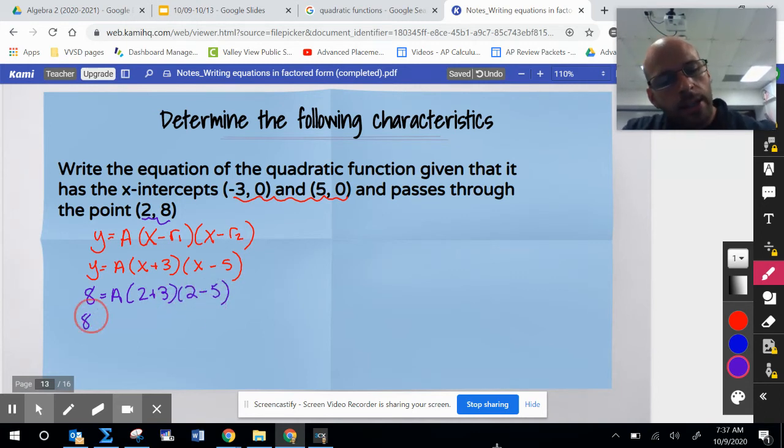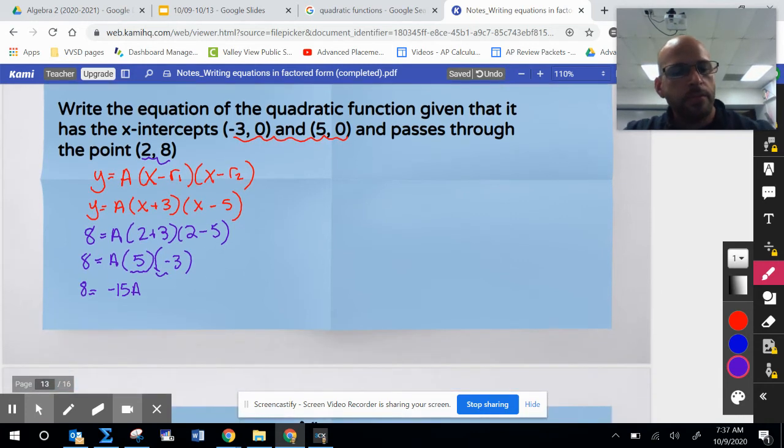So I get 8 equals, 2 plus 3 is 5. 2 minus 5 is a -3. So I can multiply these values together. So I get 8 equals 5 times -3, which is -15a. Divide by -15. We're going to get a decimal, but that's okay. I'm going to get an a value.